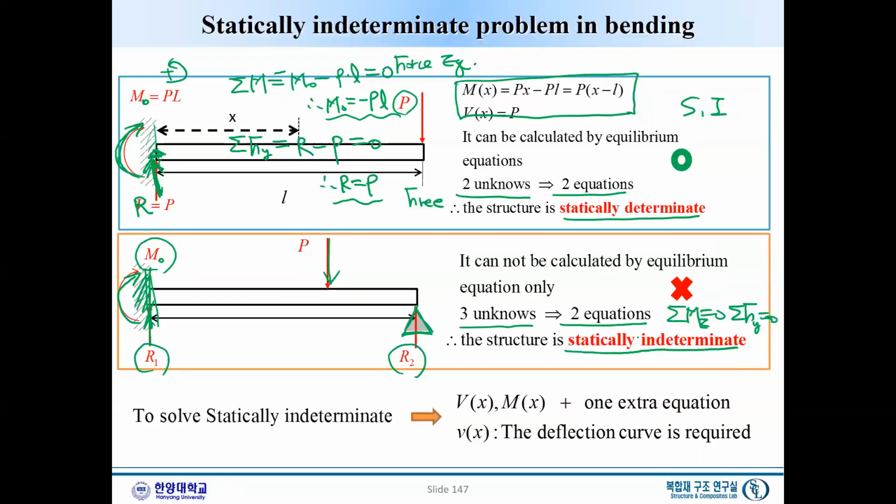So again, the reason I want to emphasize this is that for this statically indeterminate case, we cannot solve all three unknowns. But now we want to solve that using deformation conditions, deflection, and so on.